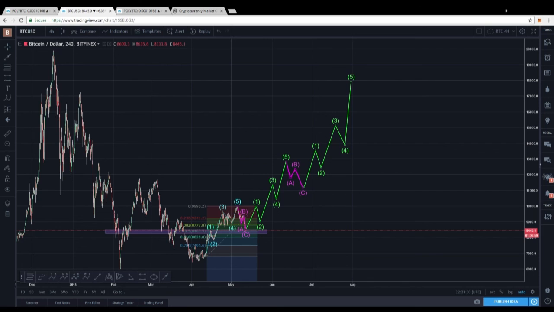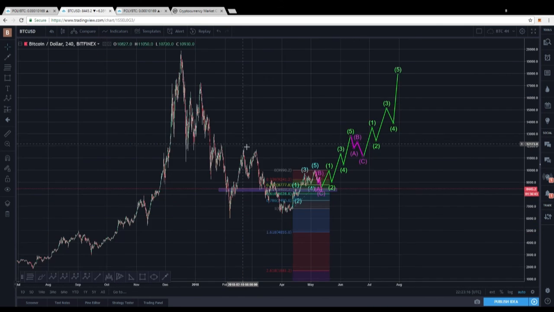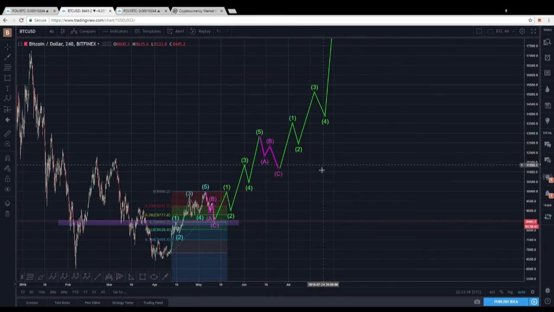When I first got into this too, guys, I was looking at these charts like, I wish I knew what was going on here. And here's a little crash course. I'm not sure that these are right. My original count, I don't know if that's right. It looks correct to me, but I am in no way an Elliot Wave professional. I'm just a student, really.